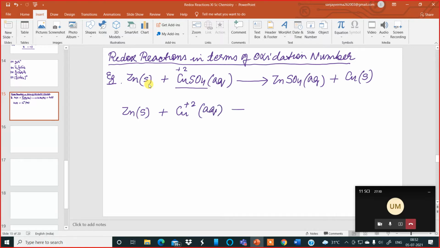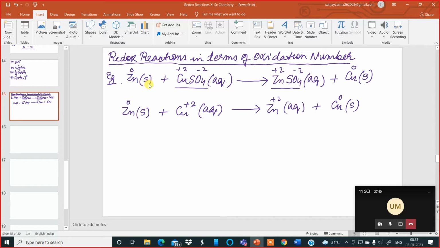Then an arrow. In zinc sulfate, the oxidation number of zinc is +2 because sulfate is -2, and for copper metal, as for any metal, the oxidation number is 0. Zinc is also 0. So here I'll write Zn +2 aq plus Cu 0, copper metal.